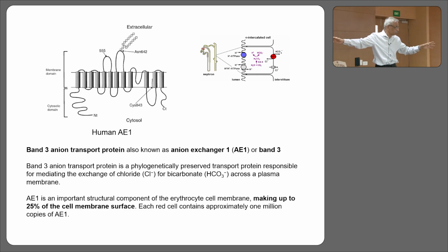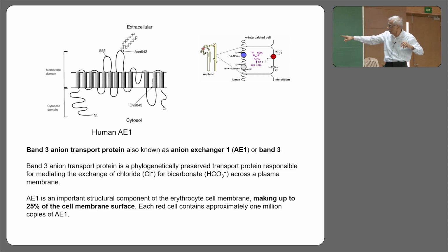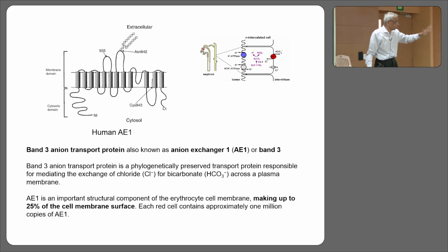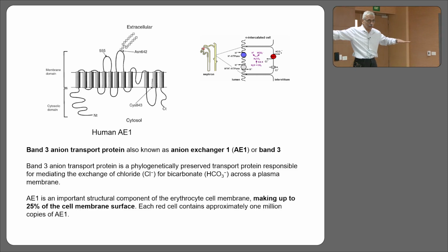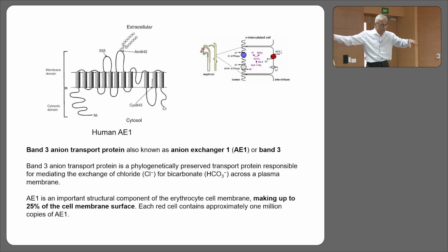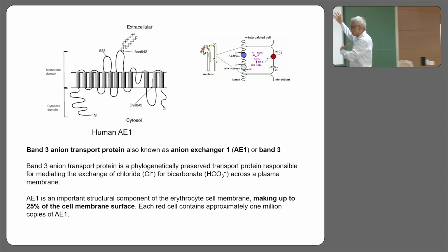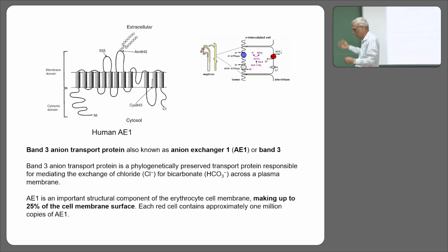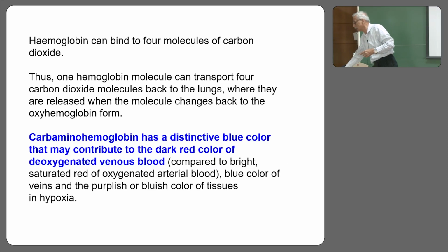It is a very important player. And each red cell contains approximately, look at the number, 1 million copies of anion exchanger. So, we are going to have about 1 million copies of that protein on a single RBC, which will bring about the chloride shift, the exchange of bicarbonate.